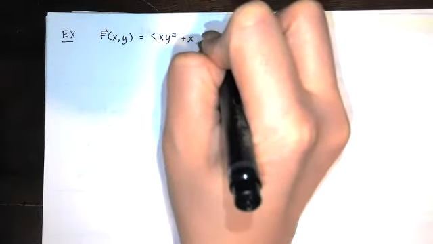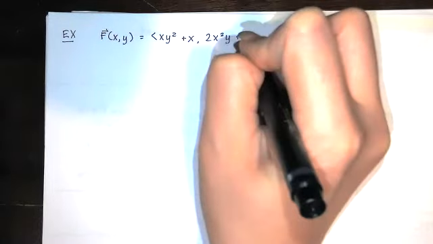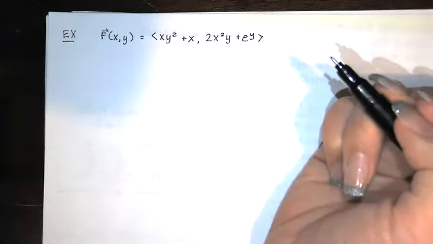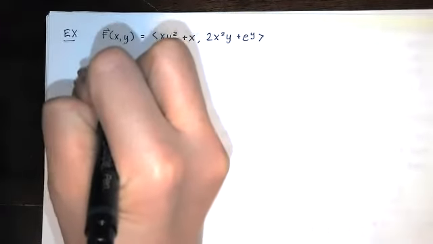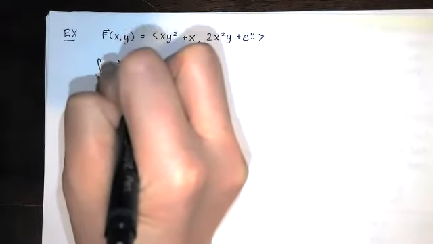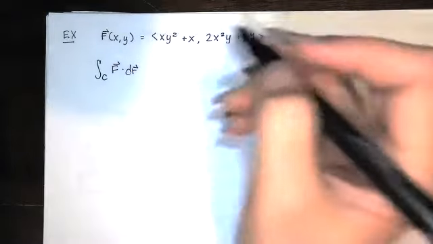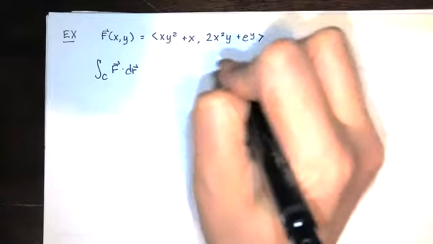This makes computation a little bit easier. So you've got this field and someone asks you to compute the line integral over C of that vector field F, where C is this curve.